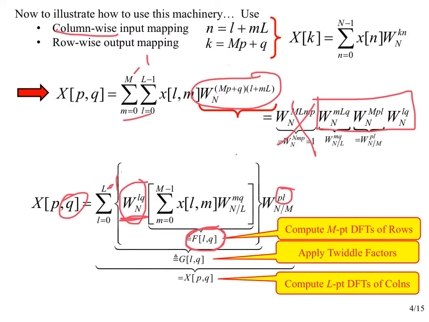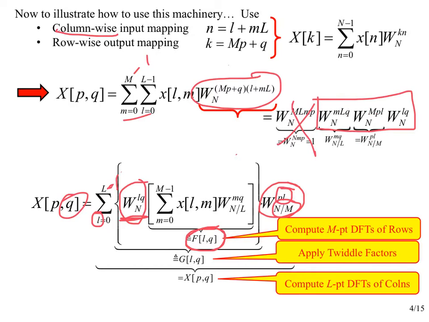And then we take that thing and view it as a function of L. So for each fixed Q, now down the columns, we're going to take a DFT. And this is the proper W form for an L point DFT. N over M is L, so we're all properly set up.